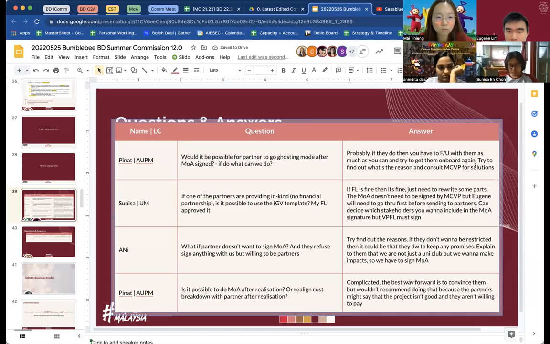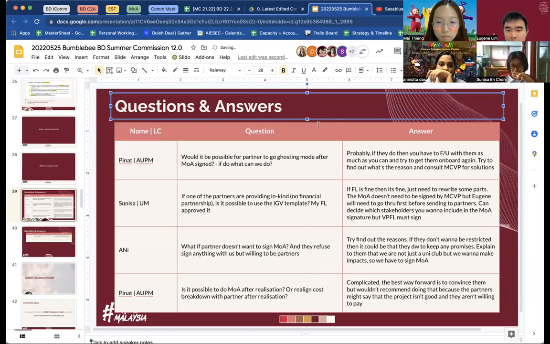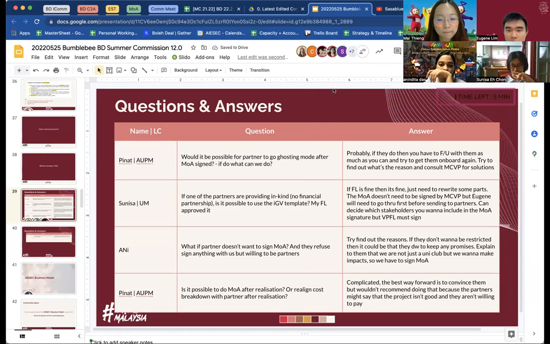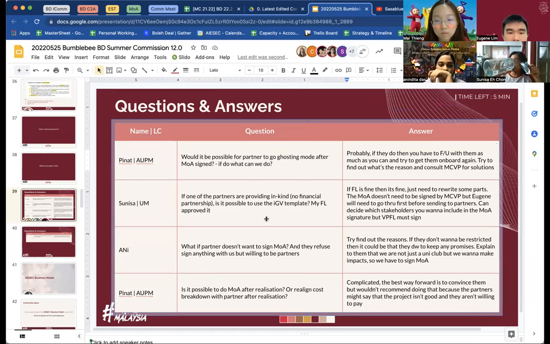But it is very possible that the cash comes in late. If the cash comes late but still comes in the end, and your partner feels unresponsive, you might feel like they are ghosting you. Especially for MNCs, it is very possible that their cash-in procedure takes a longer time. For example, on the national side, when we were talking to P&G, they actually took half a year to cash in to us. In between they got a bit unresponsive, but didn't actually ghost us.